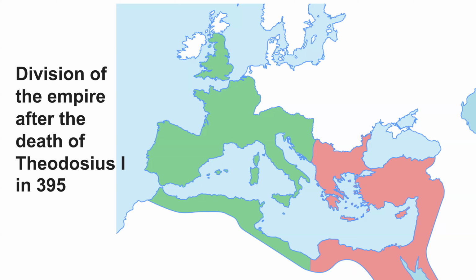Interesting, when I was reading about this, they're always learning more and more, and something that also played into the weakening of the Roman Empire in the West was two things.